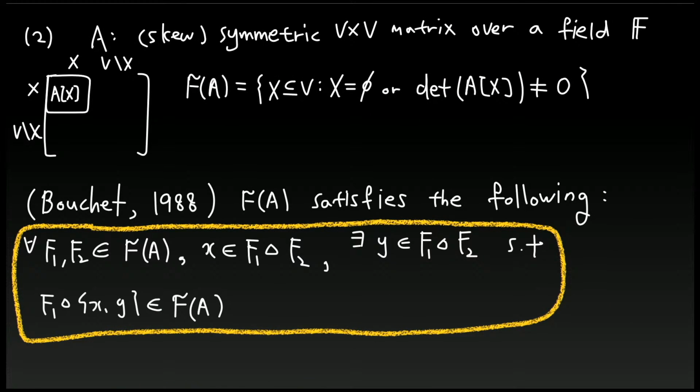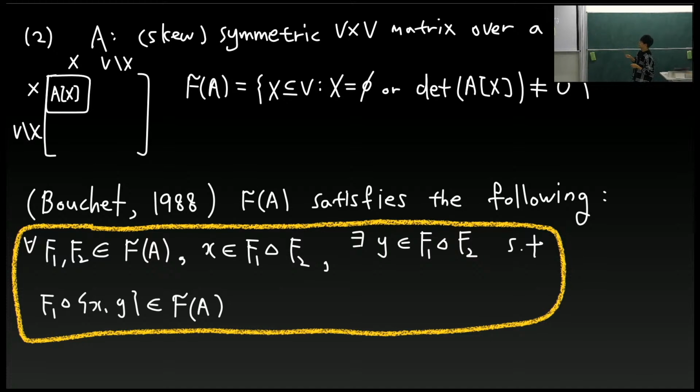The second example comes from a symmetric matrix or skew-symmetric matrix. Let A be a skew-symmetric or symmetric V by V matrix defined over a field F. Now let me define F of A as the collection of the subsets X of V such that X is either the empty set or the principal submatrix of A induced by the set X is non-singular, which means the determinant is non-zero.